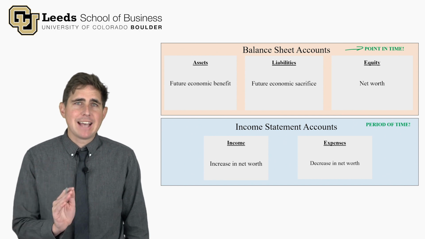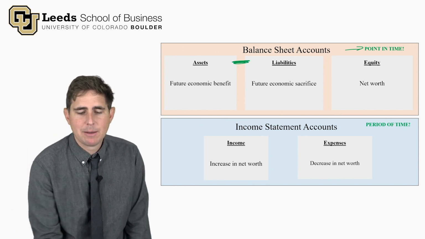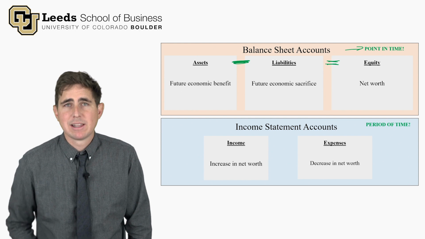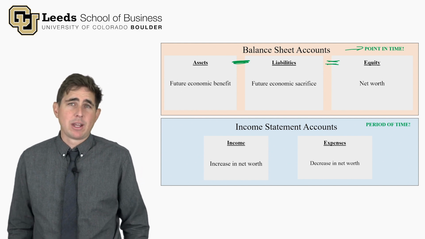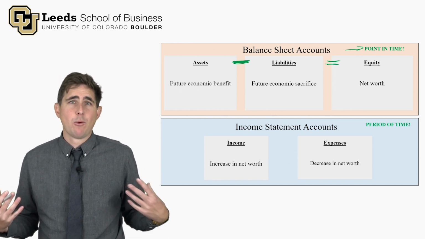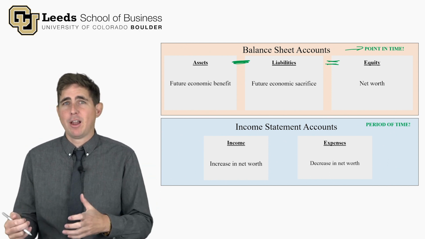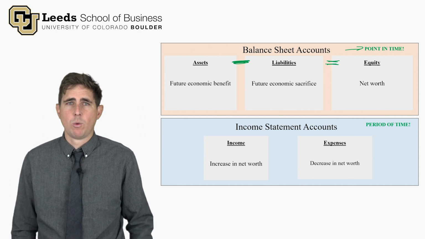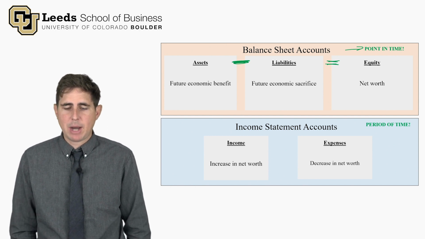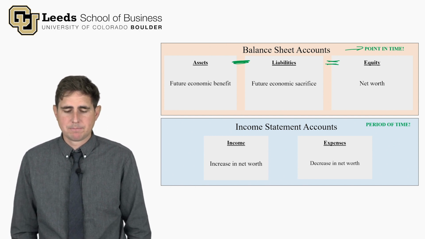And when you take assets minus liabilities, what you have is what's left, okay? And that's the equity, and it's typically referred to as the net worth. So if we take all of our economic benefits and subtract off all of our sacrifices, what is this company worth, okay? So that's the basic idea behind the 3 categories of balance sheet accounts.